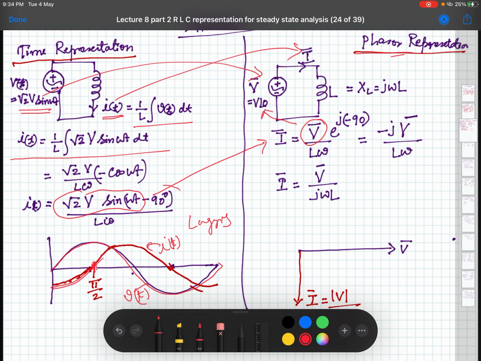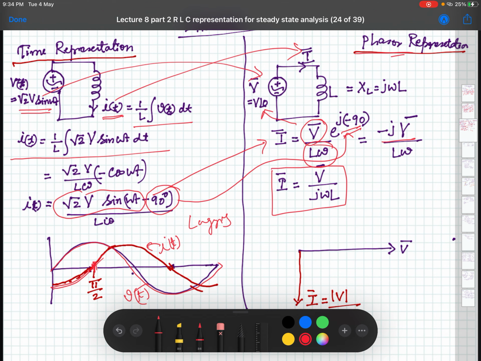And then there is a shift of 90 degrees, rather minus 90 degrees, which is shown in this way. And there is L omega division, or this e raised to power j 90 is equivalent to minus j. So now, if you put it in this form, it is again a very interesting form, that is the I is equal to V by R form.